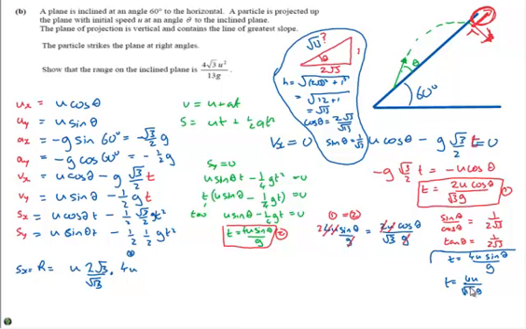For cos theta we put in 2 root 3, and then for t we're going to put in 4u over root 13 g, minus the next bit here, which is 1/4 root 3 g and t squared. So we just square that out. It will be 16 u squared over 13 g squared.